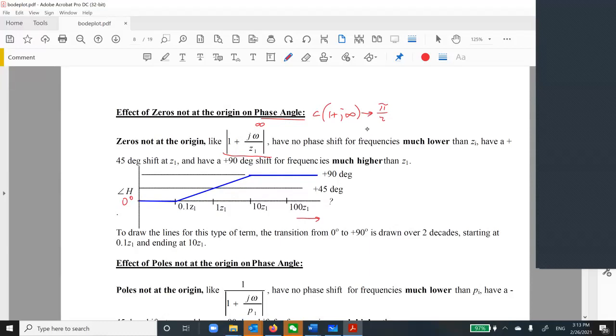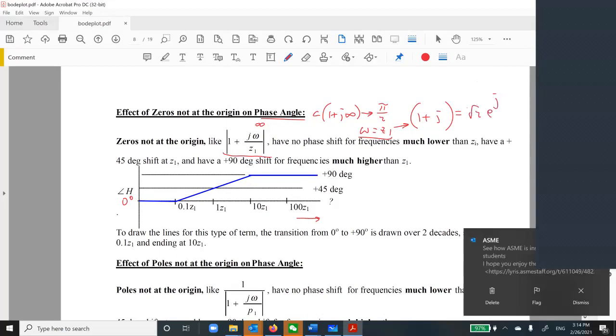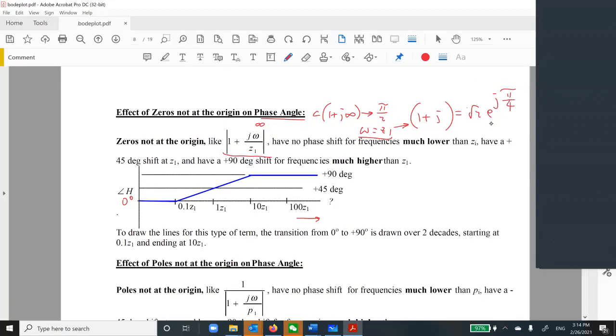But what if omega is z1? When omega is z1, you have 1 plus j. Well, 1 plus j is nothing but what? The magnitude of this one is the square root of 2, with angle pi over 4, 45 degrees. Why?